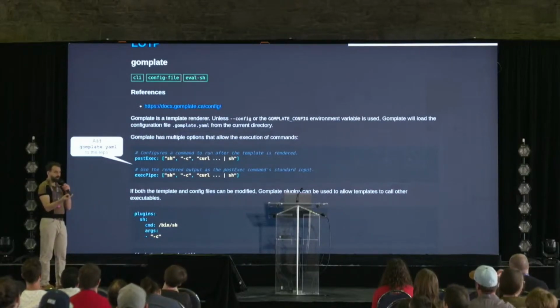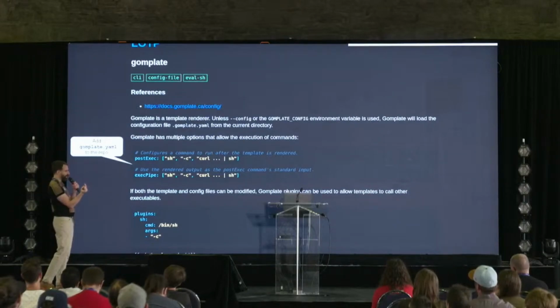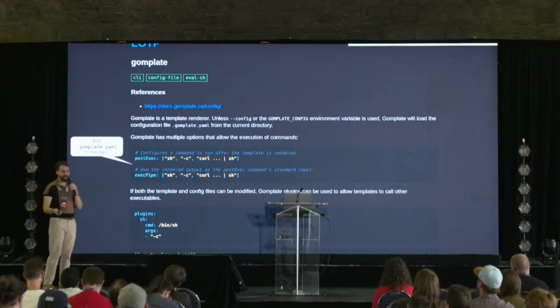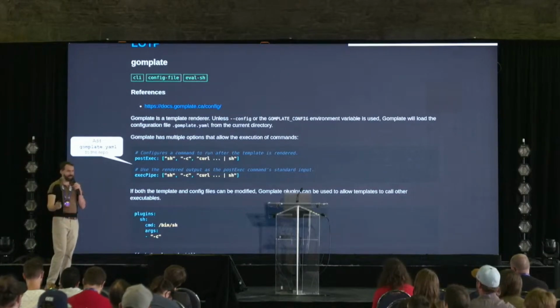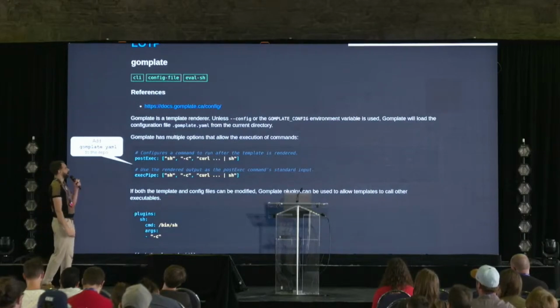If you're submitting a pull request, you can just add that file if it was not present, read the documentation, and figure out there's an interesting feature called post-exec, where you can specify any arbitrary command, and then you get remote code execution in the context of a build pipeline.